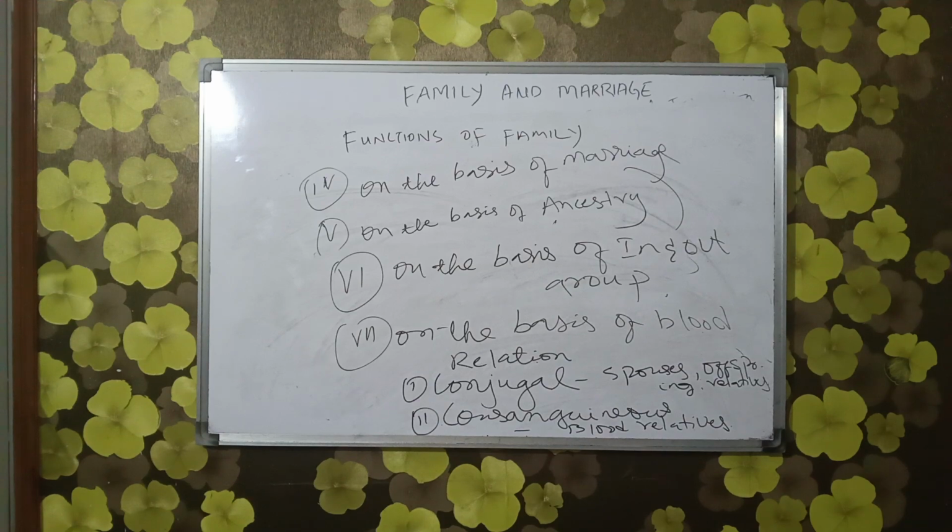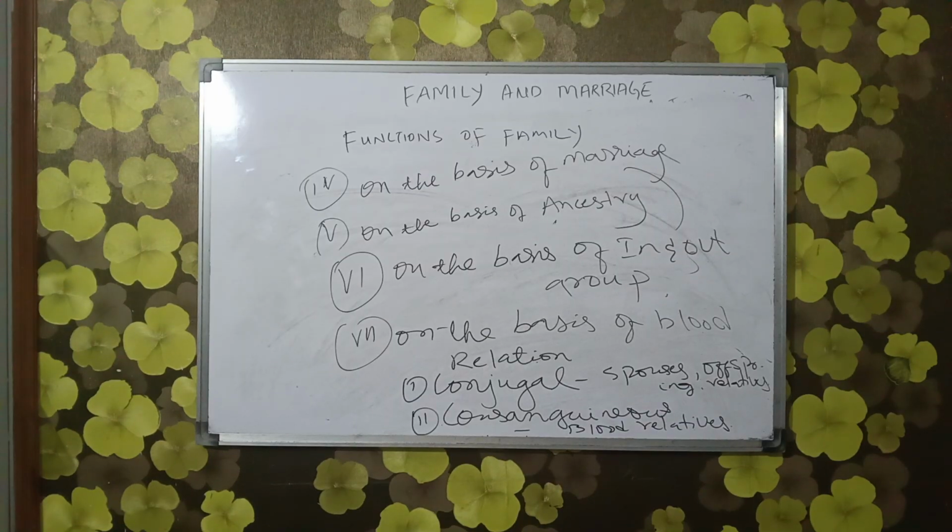And on the basis of structure, nuclear and joint family. Nuclear family, here the husband, wife with or without the children, and joint or extended family means more than two nuclear families are present. On the basis of residence, patrilocal, the wife goes to the husband's house for living, and matrilocal, the husband goes to the wife's house for living.